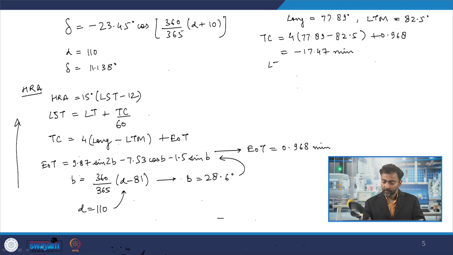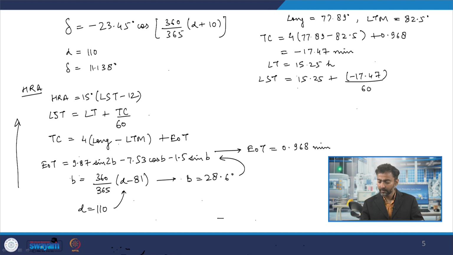Local time we already saw, we have local time as 15.25 hours at this particular instant, what is given in the problem. So, our local solar time comes out to be 15.25 plus, converting the time correction into hours, minus 17.47 divided by 60.